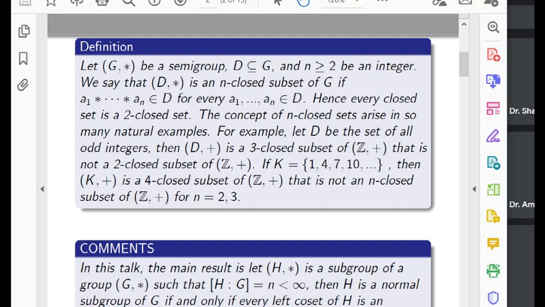So the main result: if the index of H in G is equal to n less than infinity, then H is a normal subgroup if and only if every left coset is an n plus 1 closed subset.